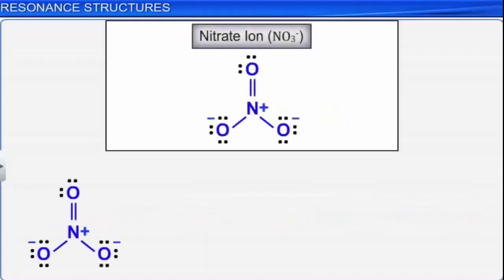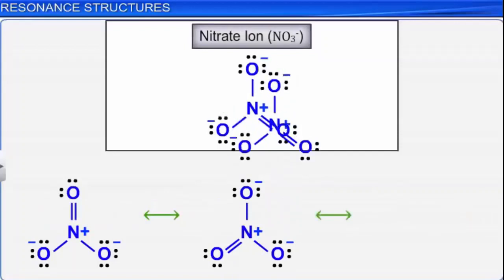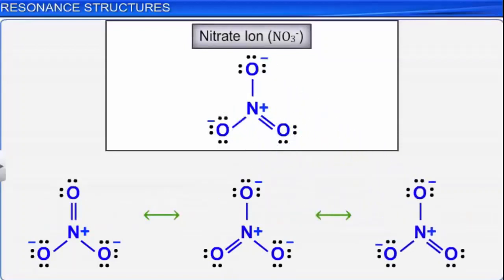Similarly, we can represent the nitrate ion by the three following Lewis structures. In each structure, there is one nitrogen-oxygen double bond and two nitrogen-oxygen single bonds. However, experimental studies reveal that all nitrogen and oxygen bonds are found to be equivalent.